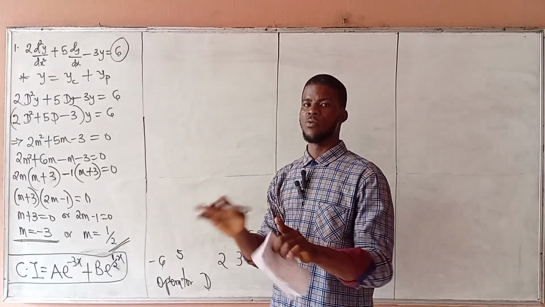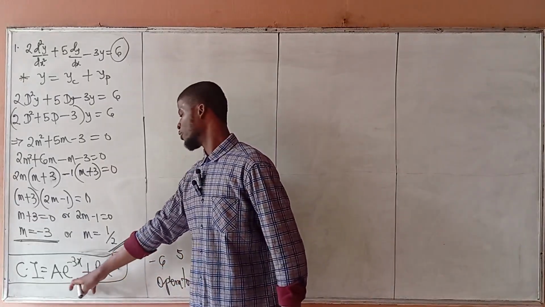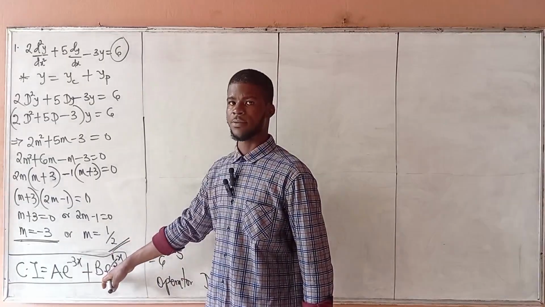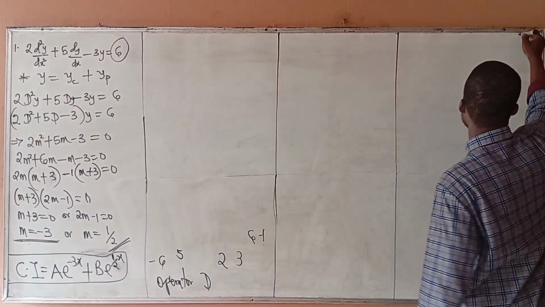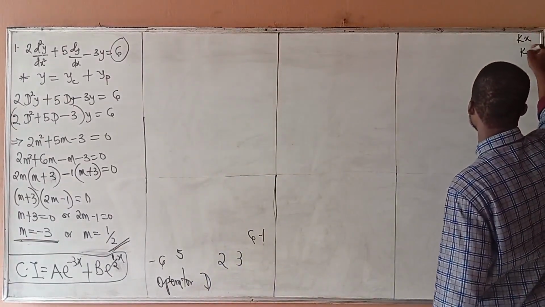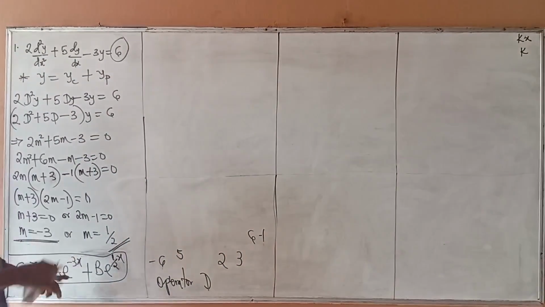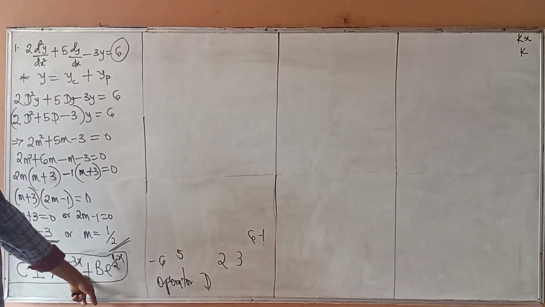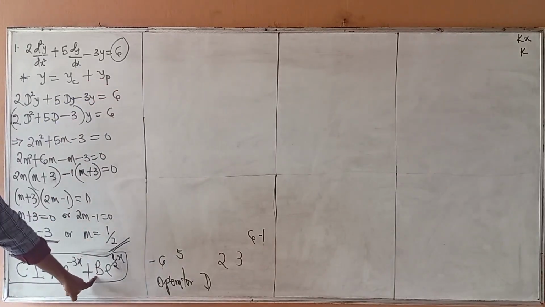Check, there is no problem in this complementary function. Do you know why? This complementary function does not contain a constant. For that reason, I will not use kx as my particular integral. I will use k. If there were a constant attached to this sum, then I would have used kx. But since there is no constant, I will just use k.